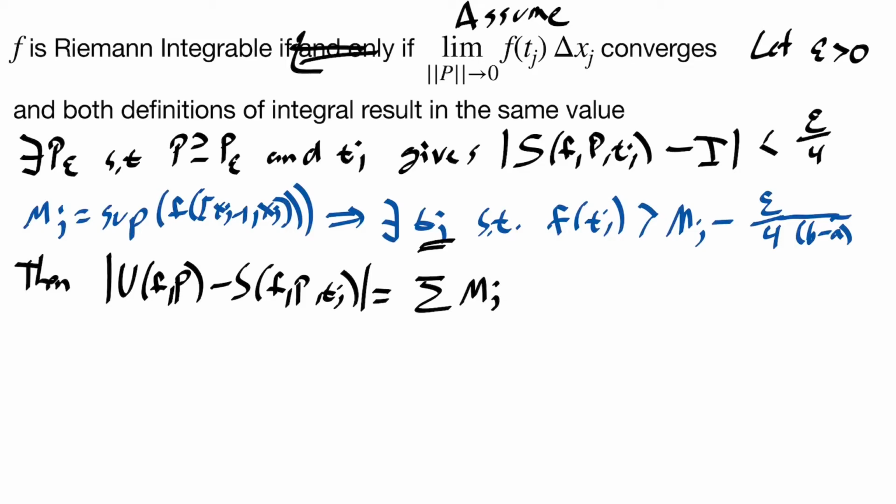And now notice this part, the u part, gives me the Mj's every time, and the s part gives me the f(tj)'s every time, and so it ends up being that times delta xj. Well, this is now less than the sum.